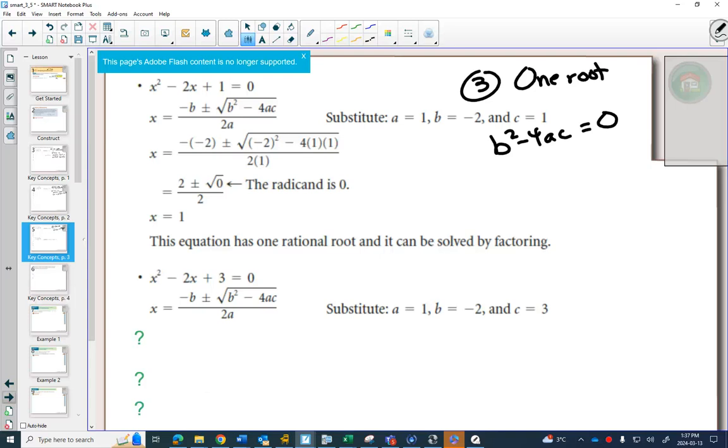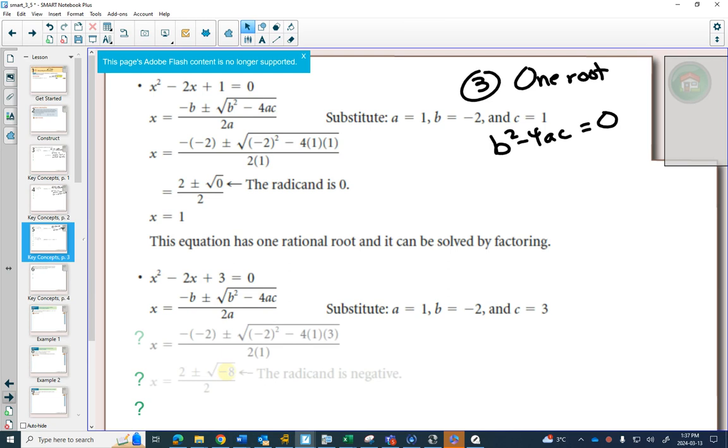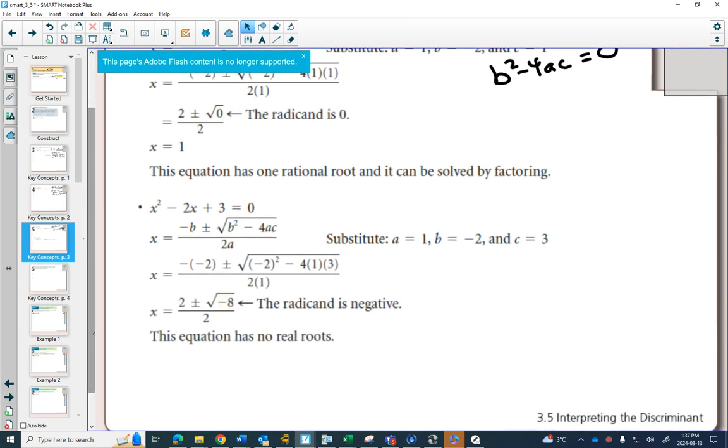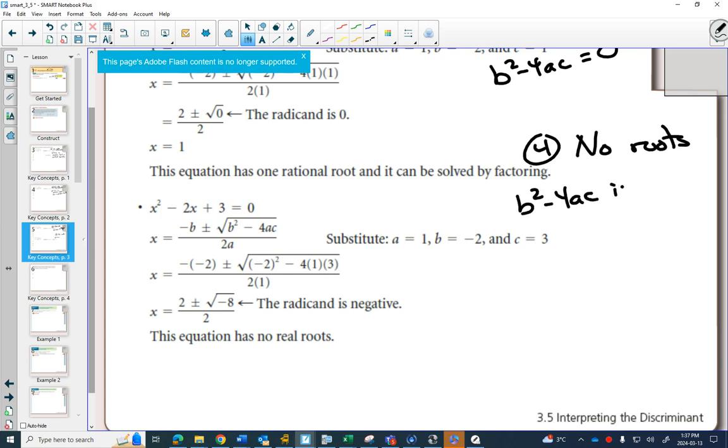And finally, our last example, number 4 here, and the last one's on the next page. We get no roots because the b squared minus 4ac is negative.